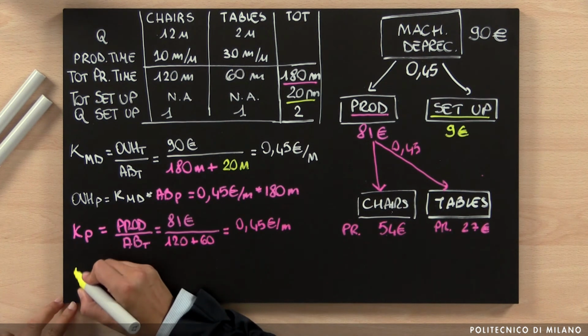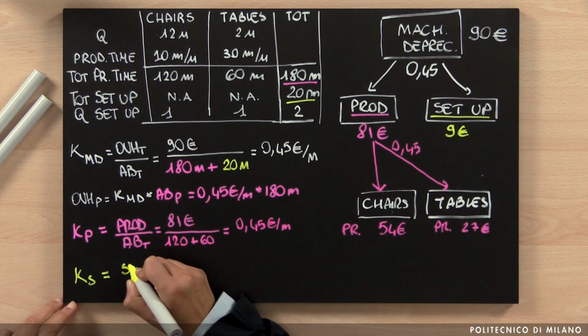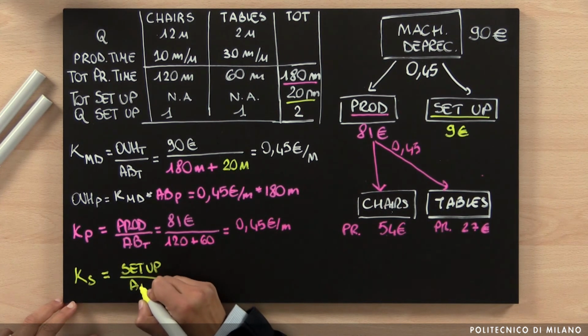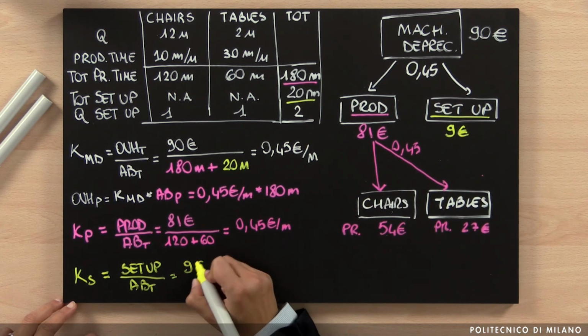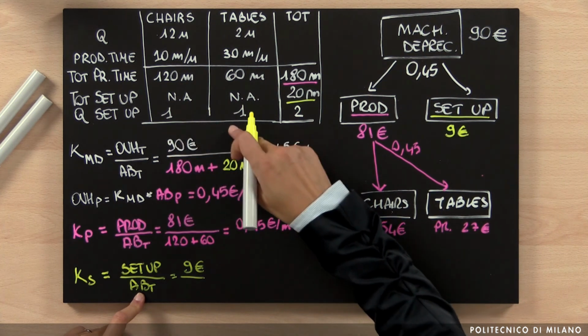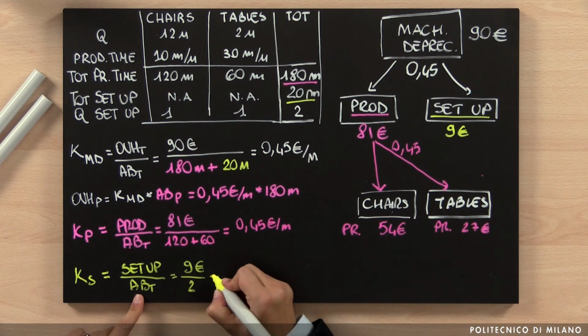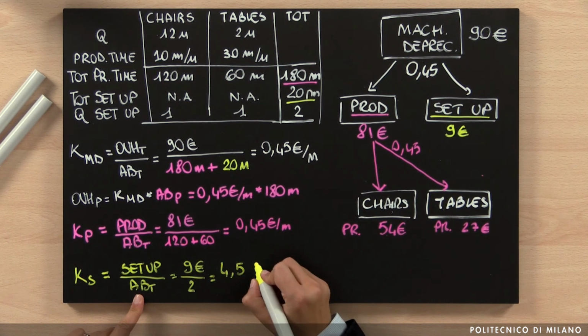So if we calculate K for the setup activity, we will have the cost of the setup activity divided by the total allocation basis. So we will have 9 euros divided by the total allocation basis. In this case, the total number of setups, so 2 setups. We will have that each setup costs 4.5 euros.